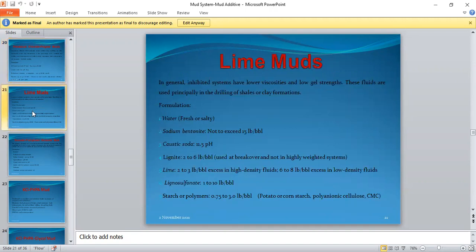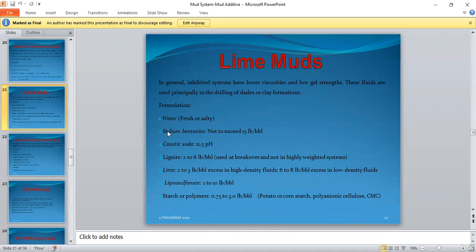Lime mud: fresh water or salty water, sodium bentonite, not more than 15 pounds per barrel, caustic, lignite, lime, lignosulfonate, starch or polymers. So you see here, the concentration is on lignite, lime, lignosulfonate. So the basic formulation is there: water, bentonite, sodium bentonite, or attapulgite.